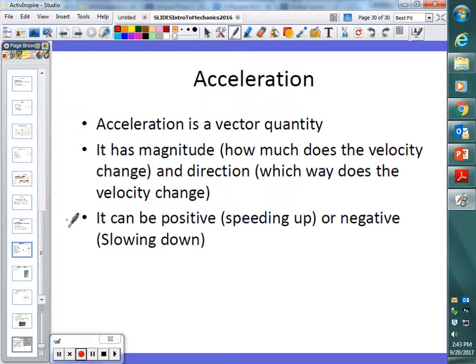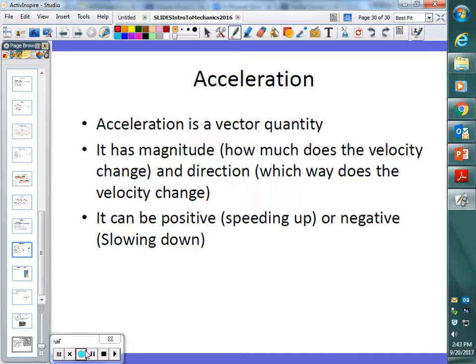Acceleration's a vector. It has a magnitude, but then it also has direction. The magnitude of acceleration tells us how much the velocity is actually changing.